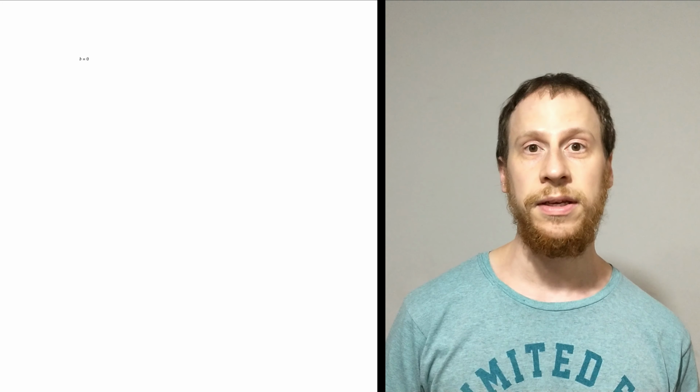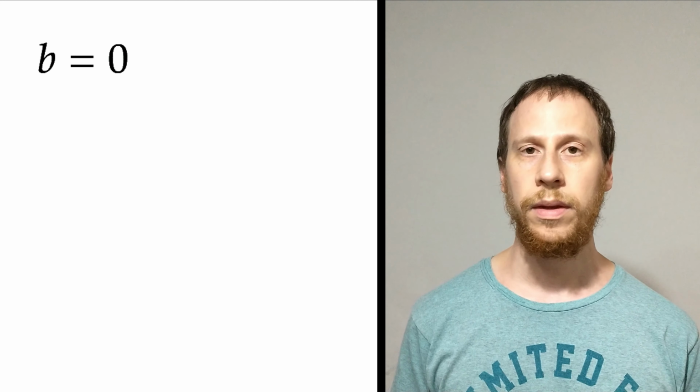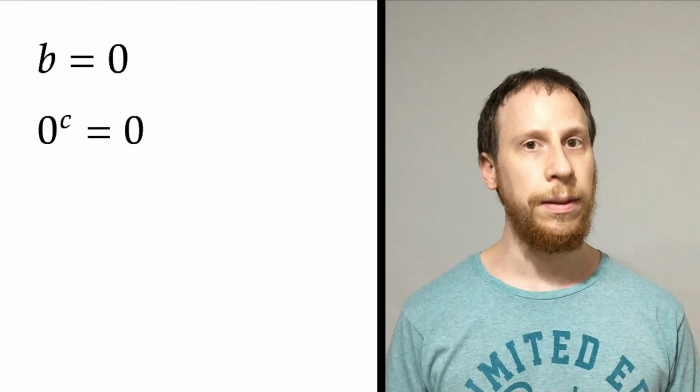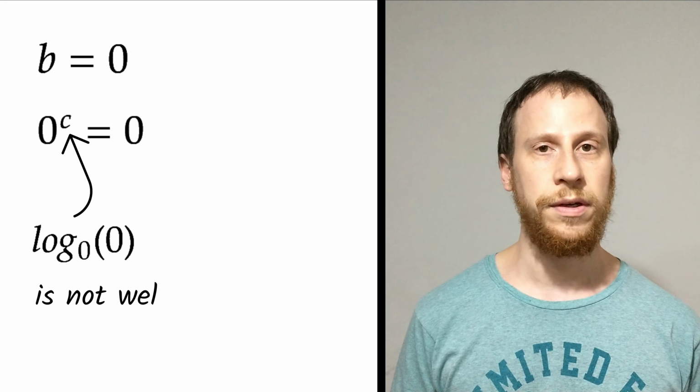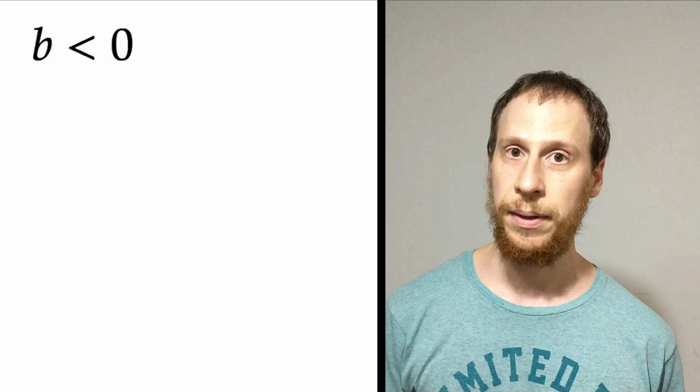The same happens if b equals 0. Since 0 raised to any power equals 0, then the logarithm base 0 of 0 is not well defined. Now, what about the case of b being a negative number?